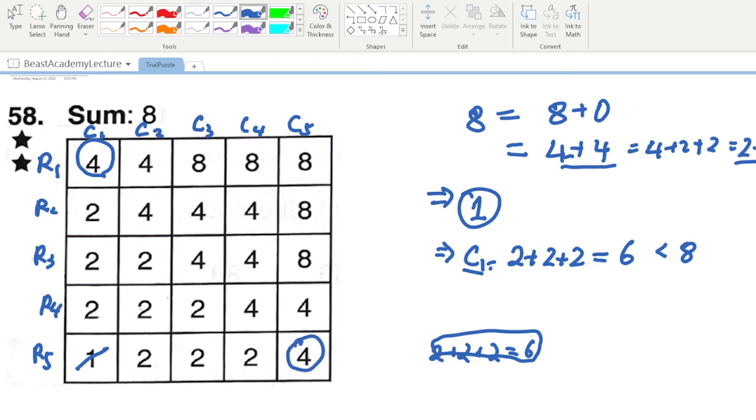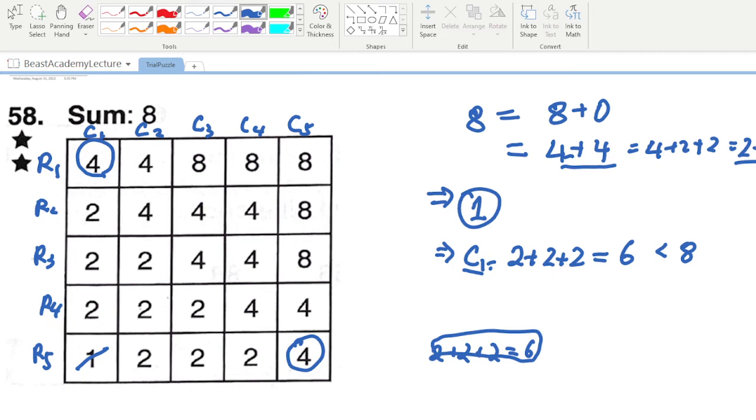Yeah. Okay, now let's see the first row. We already use 4. What does this mean? 4, 4, 8, 8, 8. Can anybody tell me? For the first row, we need the sum to be 8, right? We already use 4. Can we use any 8?